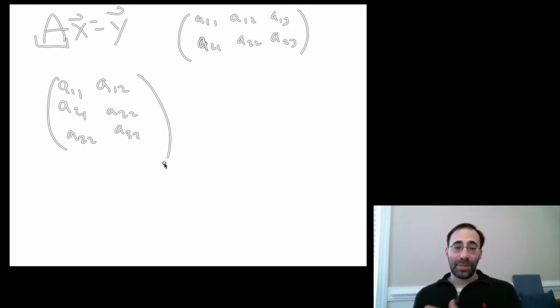Now you could have more columns that are dependent, rather than more rows that are dependent. But let's just use this example for simplicity's sake. If the rank of the matrix equals the number of columns of the matrix, then at least one of your rows is linearly dependent. Okay, right?